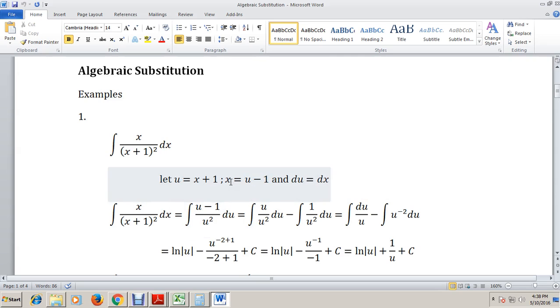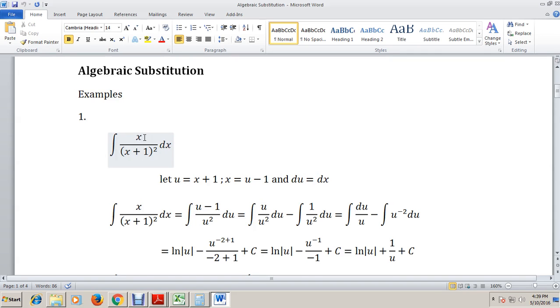Now take note, why do we need to represent x in terms of u? We have the denominator as u squared, so we need to express the remaining part of the integrand in terms of u. We can replace dx with du, but x would be left with no substitution.